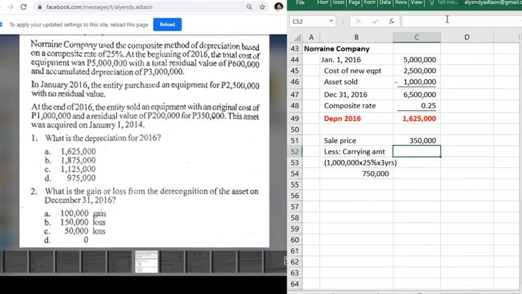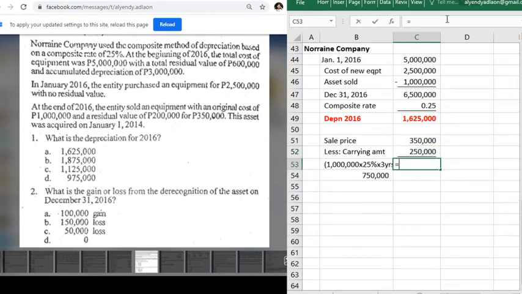For the carrying amount, we have 1 million minus 750,000. So we have a carrying amount of 250,000. So 350,000 minus 250,000, we get 100,000 gain on disposal. Alright, 100,000 gain on disposal.